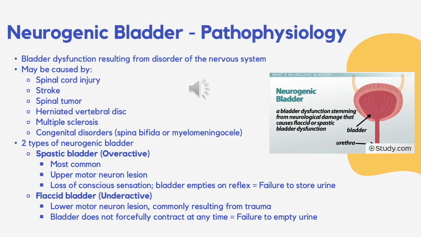So proper management and intervention really depend on identifying the type of neurogenic bladder and understanding the underlying neurological damage to be able to provide appropriate care. So by recognizing these distinct pathophysiological mechanisms, all of us as nurses can better support patients in managing their condition, as well as reducing risk of complications like infection and improving their quality of life.